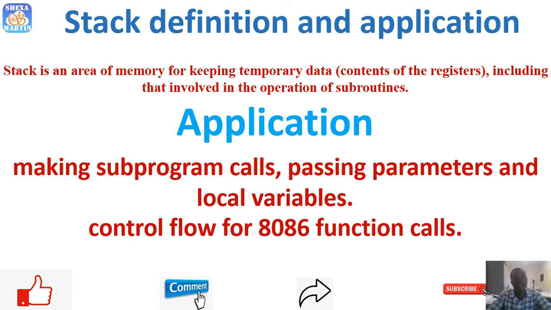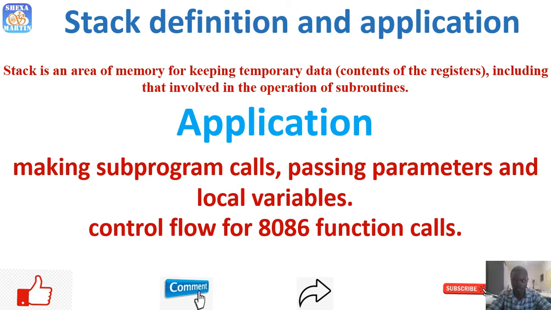for x86 function calls. Like I think we've talked about this in one of the previous lectures, when we talked about procedures. Yes, I think that's the most recent one. When we talked about procedures, when you call a procedure, what happens? We've seen the stack being involved.